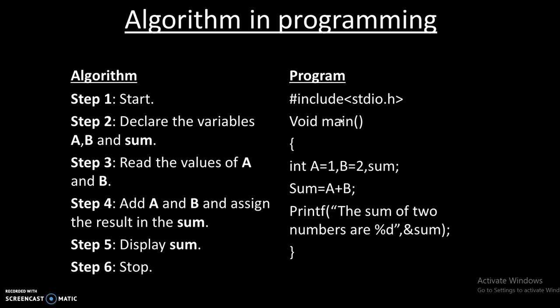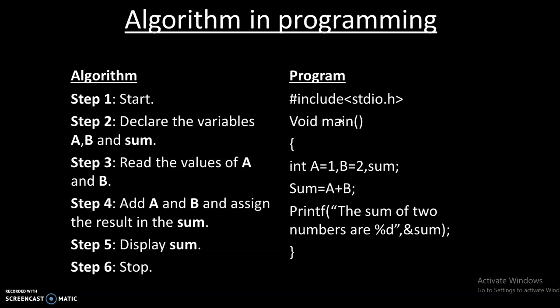Now we are stepping on to the program part. As we are going to implement this algorithm, I have chosen the C language. Here, #include <stdio.h> is the preprocessor command that includes the standard input-output header file stdio.h from the C library.